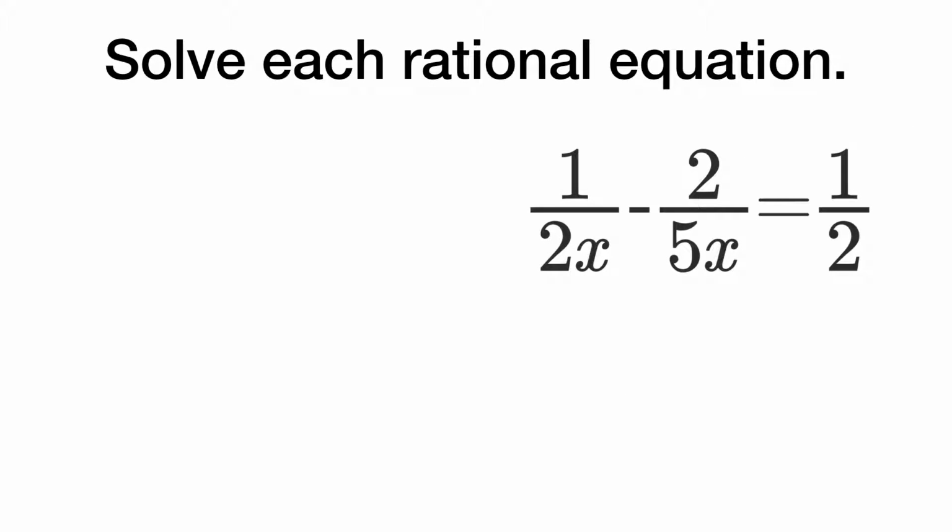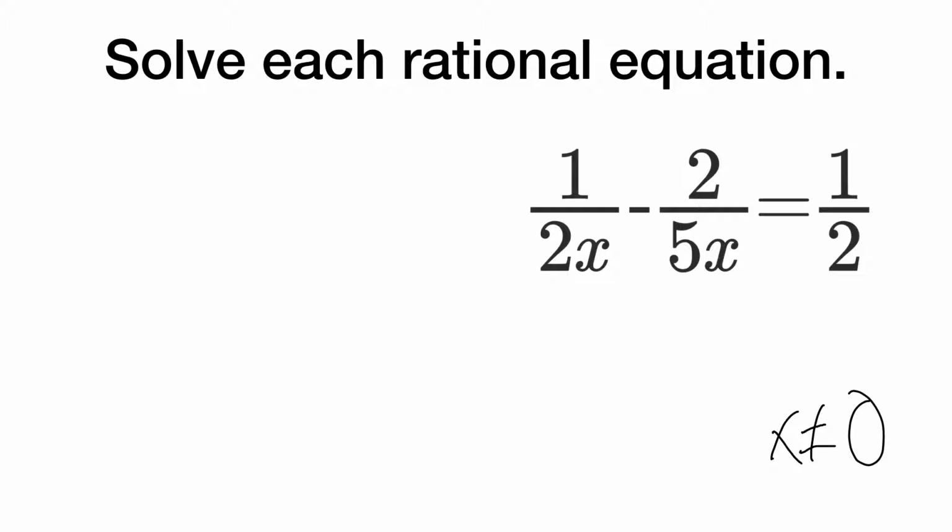All right, let's try this one. First off, x cannot equal 0. Now that I know that, let's see. Greatest common factor between 2x and 5x is going to end up being 10. So this becomes 5 minus 4. X can't equal 0.